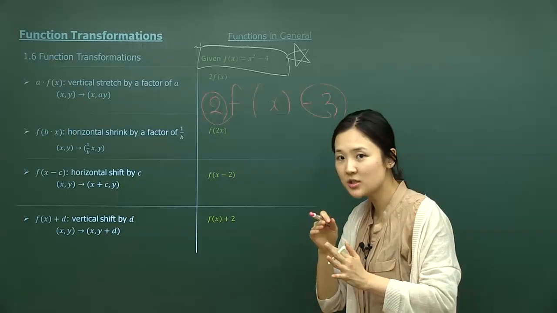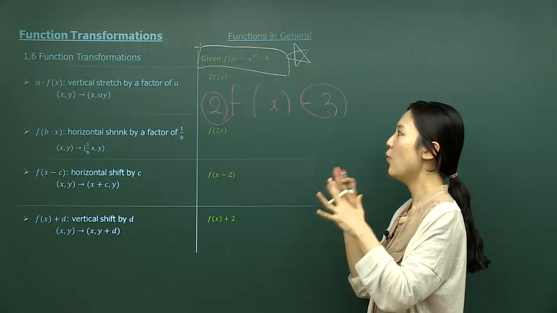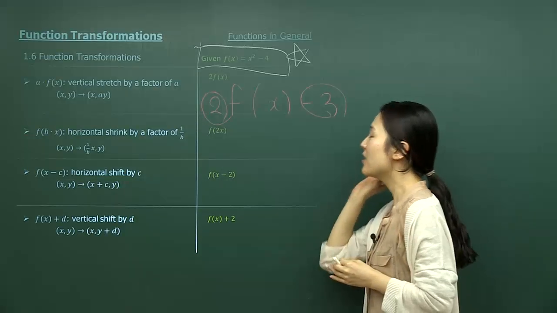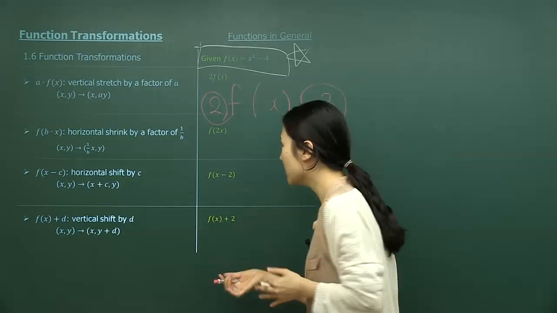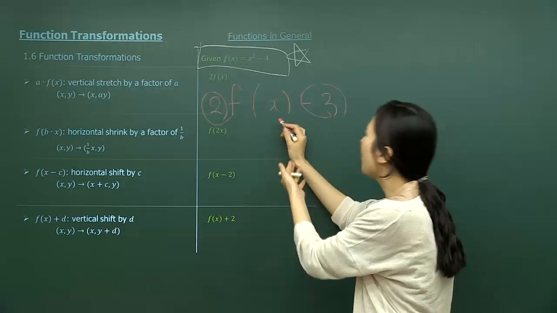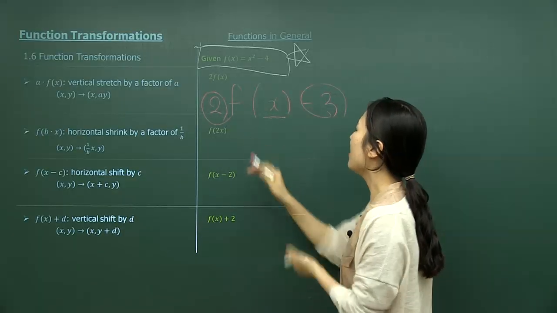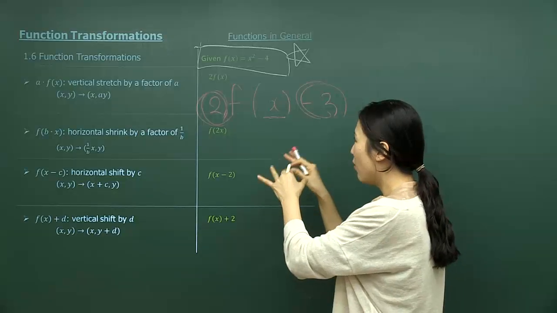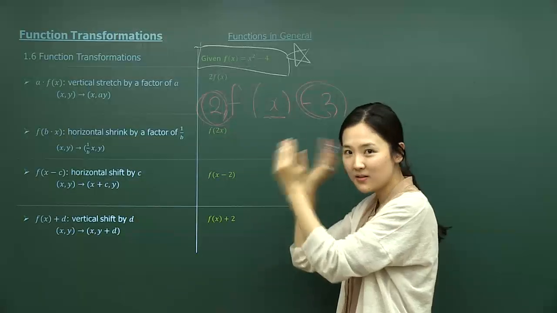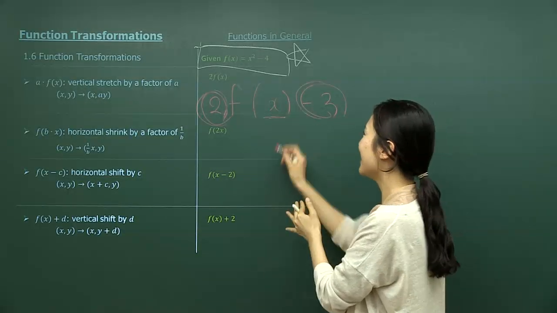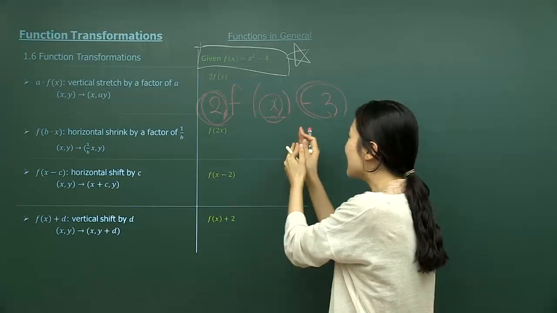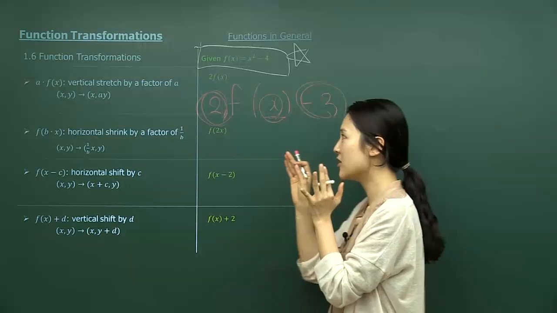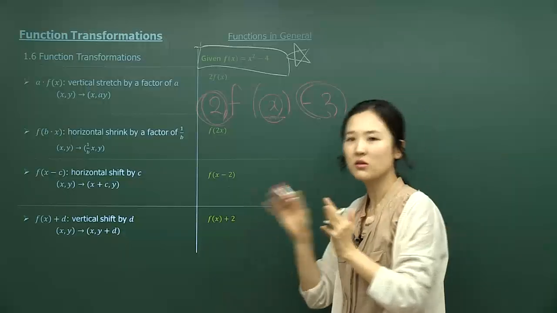Is it a horizontal transformation or vertical? Well, a simple way for you to know whether it's vertical or horizontal is based on seeing whether the value is being added or multiplied inside or outside of the parenthesis. Okay? So technically, if something is going on inside of the parenthesis, it means that your function is transformed horizontally.